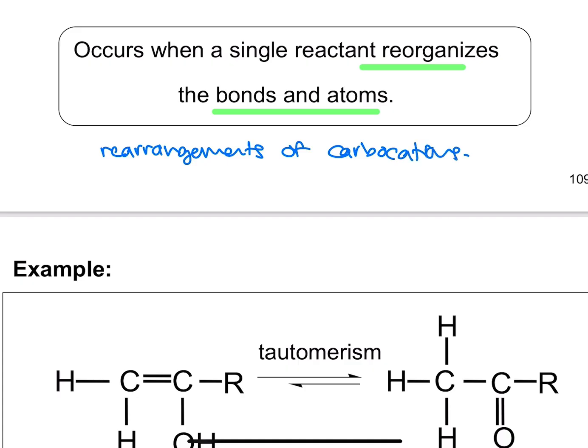Because we already know the stability of carbocations, sometimes we are given a primary carbocation, and it will rearrange to become tertiary. Why? Because it wants to improve stability.